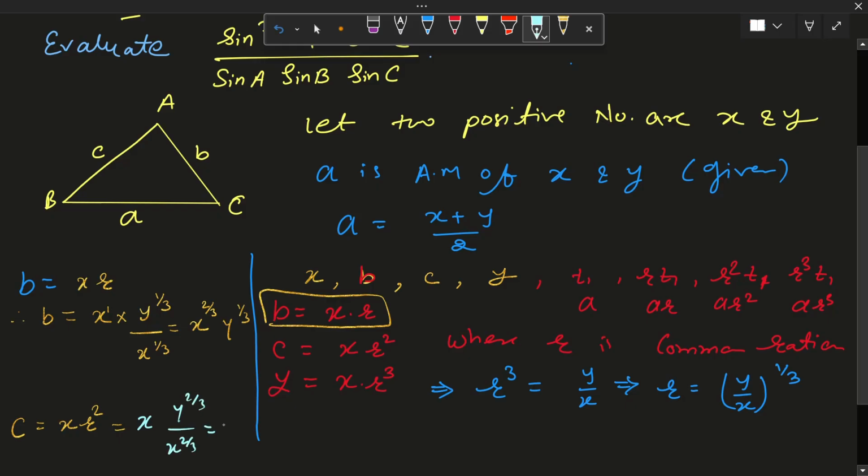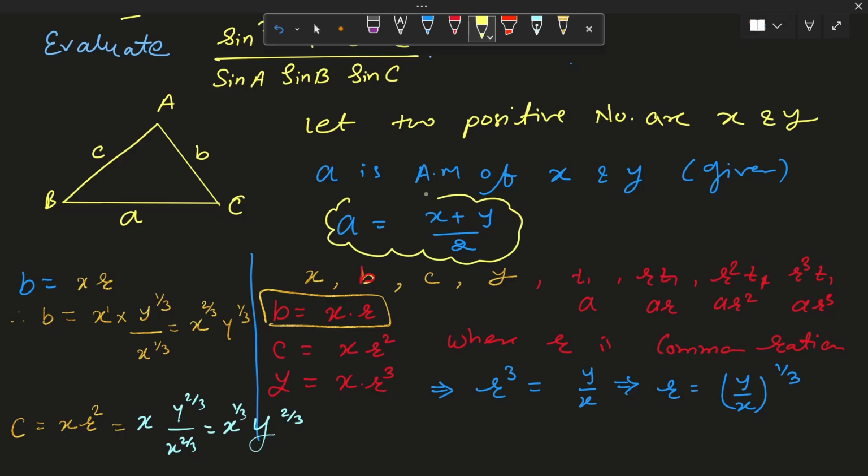If you simplify this, you will get x raised to 1 upon 3 and y raised to 2 upon 3. Understood? So now we got the values of b and c, my dear students. I hope you don't have any doubt in this. So now we have the value of a, the value of b, and the value of c.